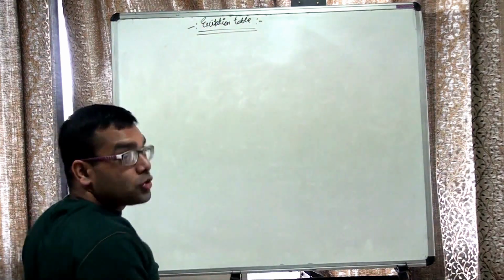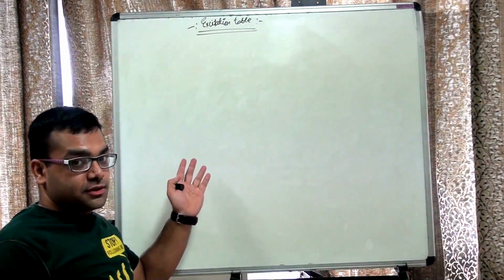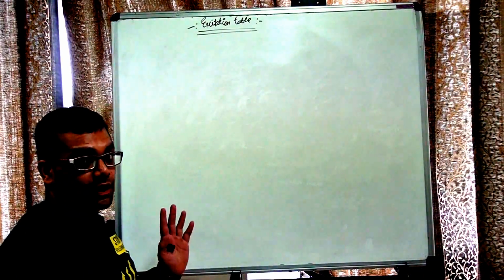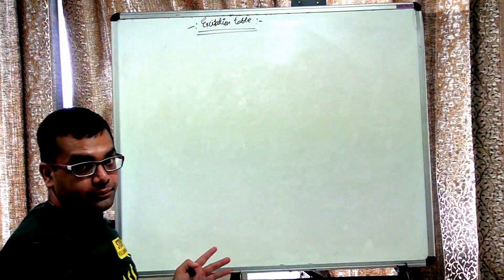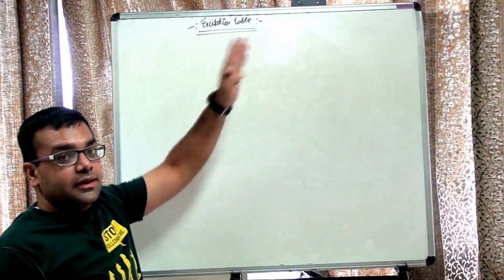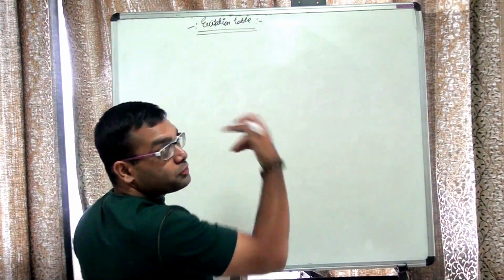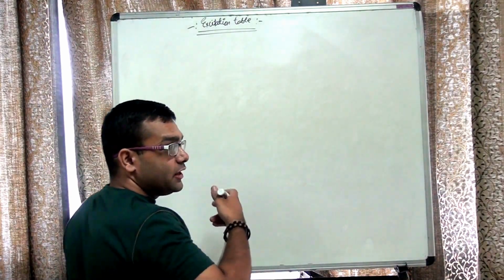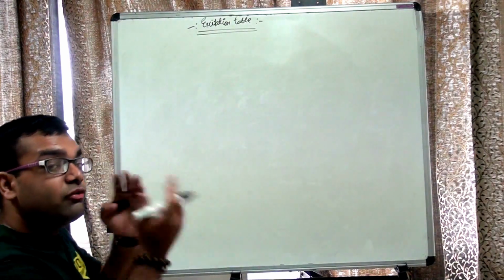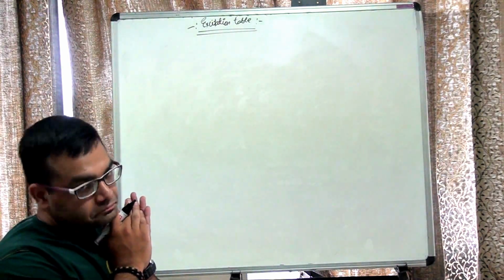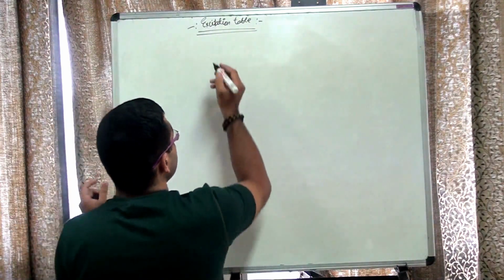In case of our truth tables, we know the value of the inputs, that is, whether SR, JK, D or T, and we are predicting the output. Here in case of the excitation table, the case is opposite. Over here we know the outputs, that is, their present state value and the next state values, and we want to predict what can be the value of the input. Alright, so let us see how.